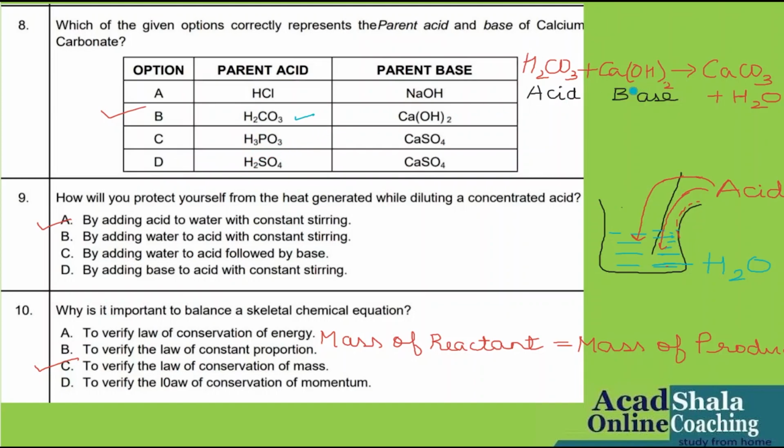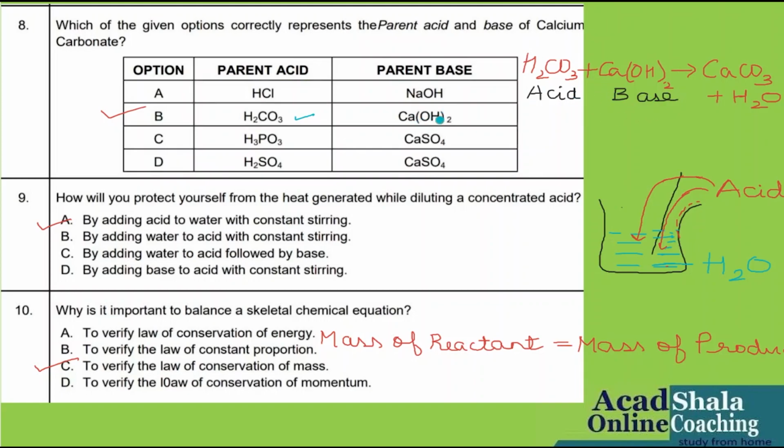So I will first write down the equation and try to solve it, to check whether I am coming out with the correct answer. I will write hydrogen carbonate or carbonic acid plus slaked lime or calcium hydroxide gives calcium carbonate and water. Carbonic acid is the parent acid, and calcium hydroxide is a base.